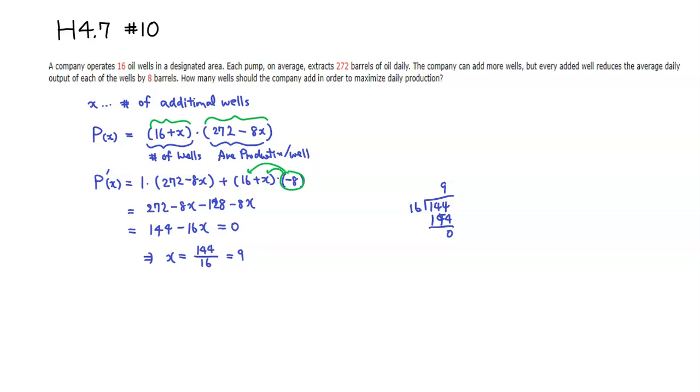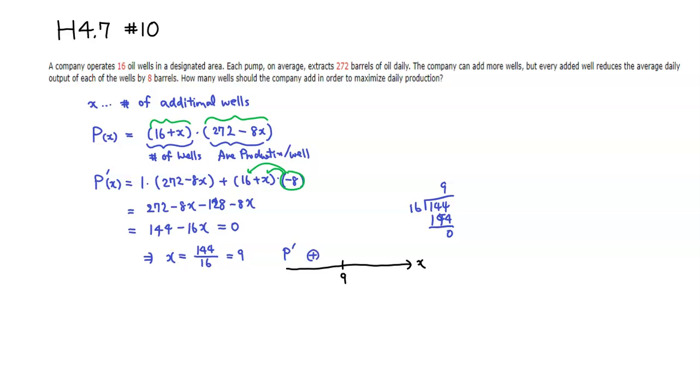So looks like when x equals 9, we want to have 9 additional wells, but we have to make sure that this is actually the maximum. We have to look at the critical number here, and if you look at P prime, the derivative, if you go less than 9, like 8, and put 8 here, it's going to be positive.